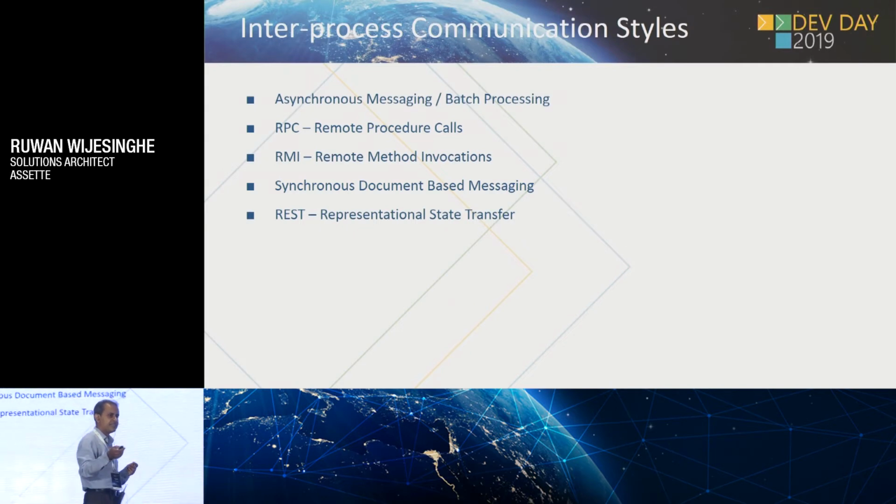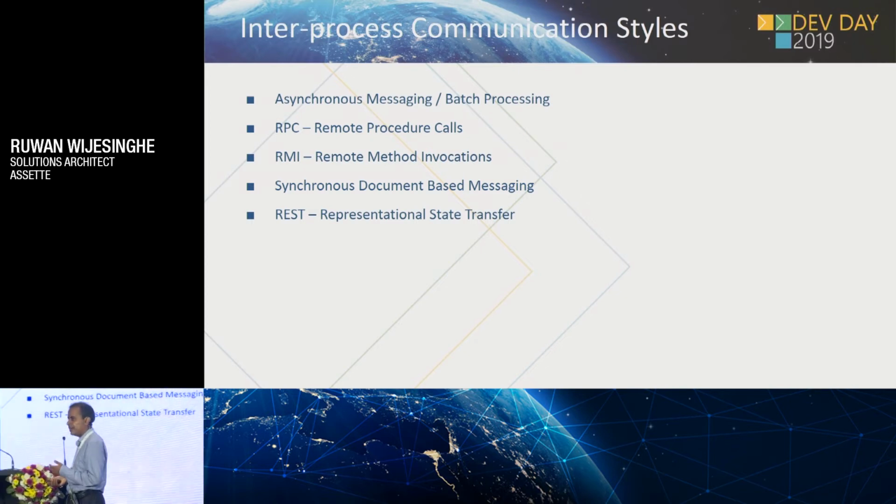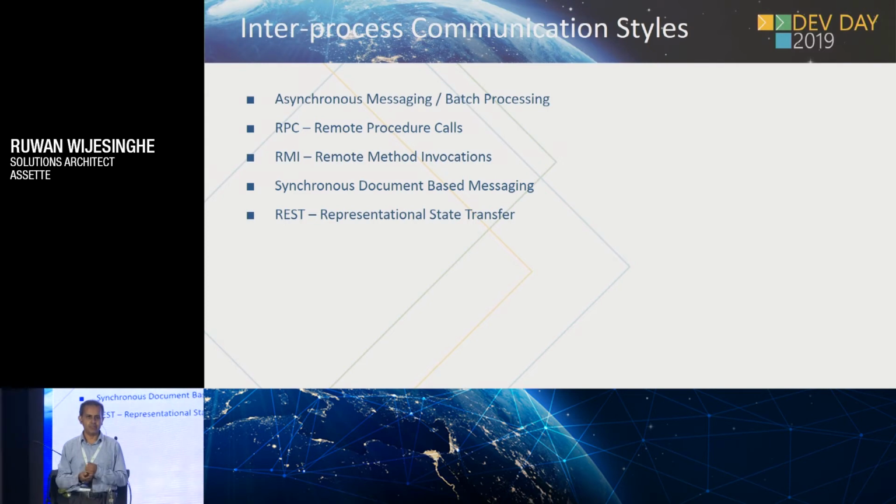So what will happen is that you serialize the data, that is the information that should be passed to the method, and send it to the remote server, and the remote server will deserialize it and execute whatever command you sent, and then the response comes back, and you feel like you're calling a local method, right? So that's called remote procedure calls, or RPC. That is the next level of evolution in distributed application development. So rather than asynchronous messaging, they started what they called RPC, or remote procedure calls.